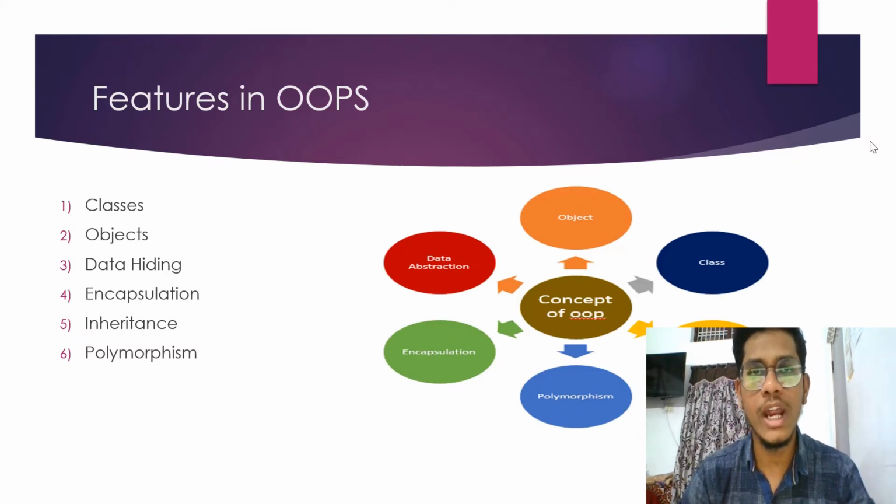But if you want to add strings, it is not possible with the plus operator, right? With the help of string concatenation, we perform string addition. But with the help of polymorphism, with the help of overriding, we can simply add two strings. Okay, what is inheritance?